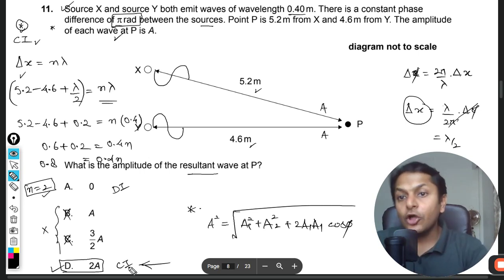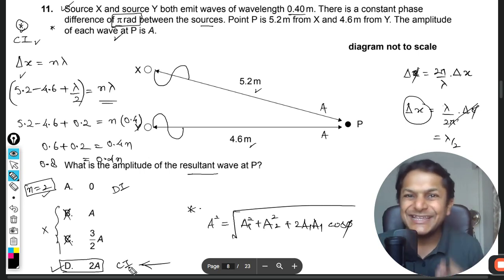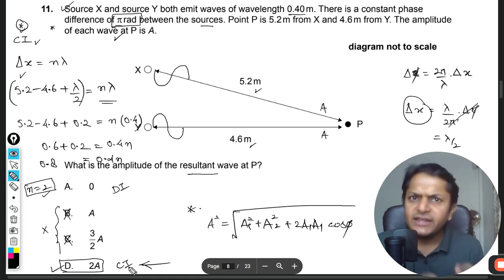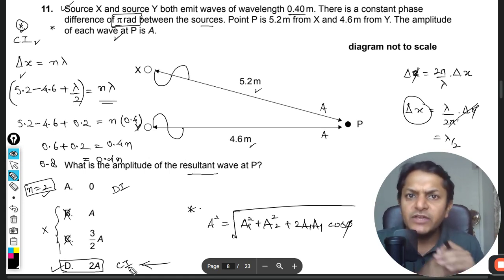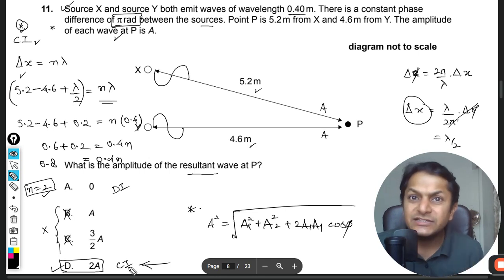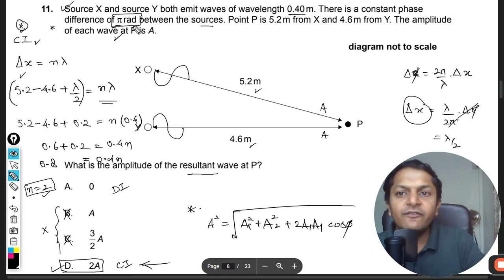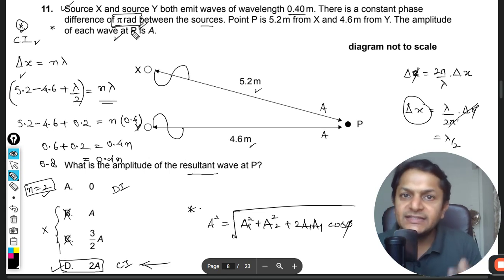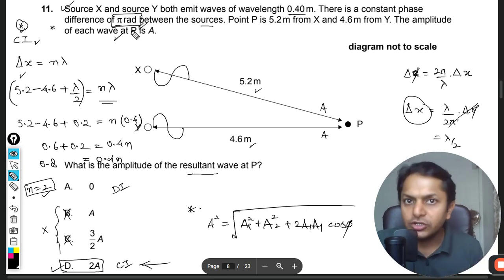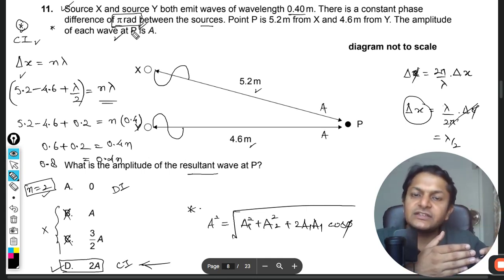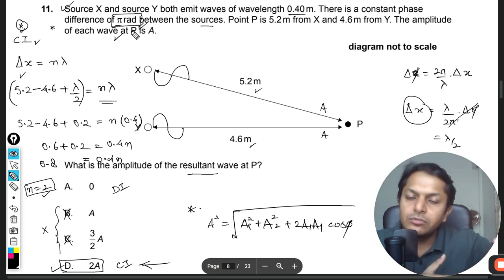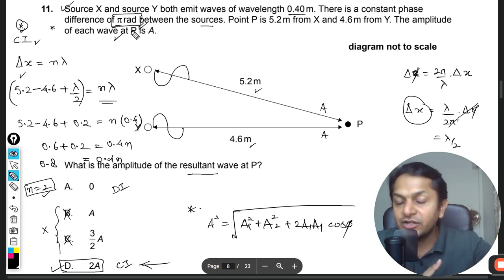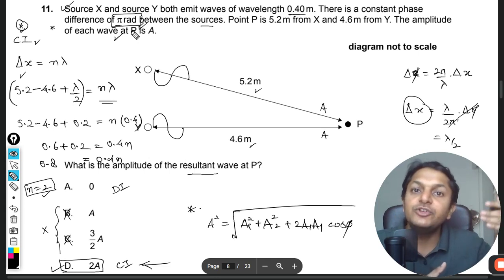Now this is really a long process, but this is the exact process that you should be doing, provided it is IB and we are not going into that much detail. So if ever the phase difference of pi exists, you can even create a shortcut here: the destructive interference condition will be used for constructive, and the constructive condition will be used for destructive.